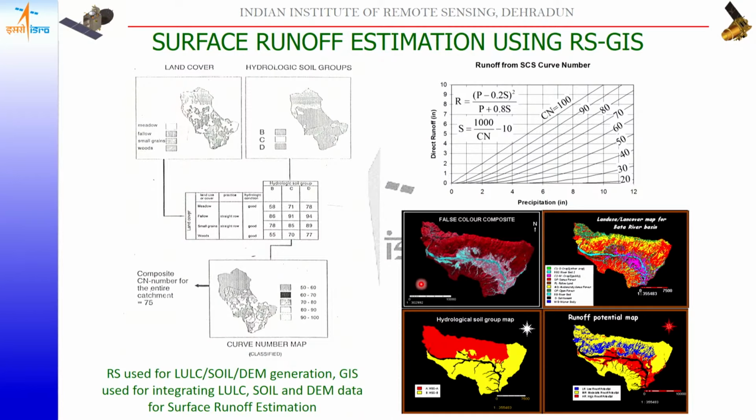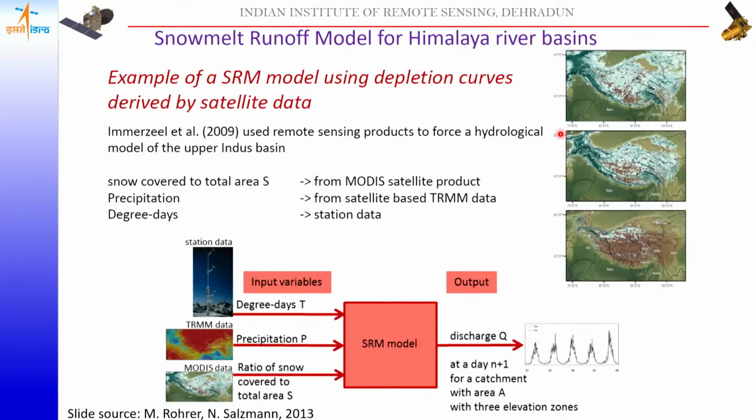And the fourth component is the surface runoff. That means how much water, after getting saturation or infiltration excess, is flowing over the terrain and then joining into the river system. This is an example of the Bata river basin, which is a tributary of the Yamuna river coming from the Nahan side. The SCS curve number, Soil Conservation Service, is one of the popular methods where we combine land use and soil to give you the daily runoff.